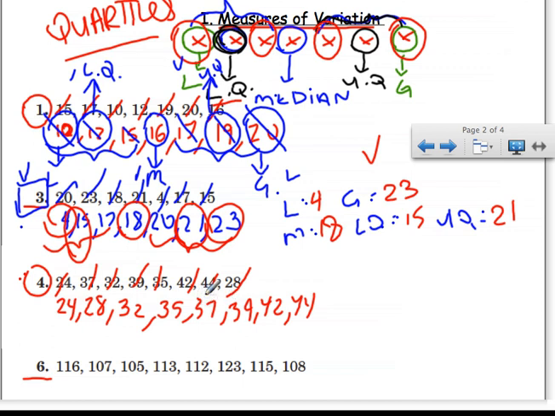So I still order them from least to greatest. But as you can see here, there's 1, 2, 3, 4, 5, 6, 7, 8 values, an even number of values. So there's going to be some ties to break after I find my least, my greatest.